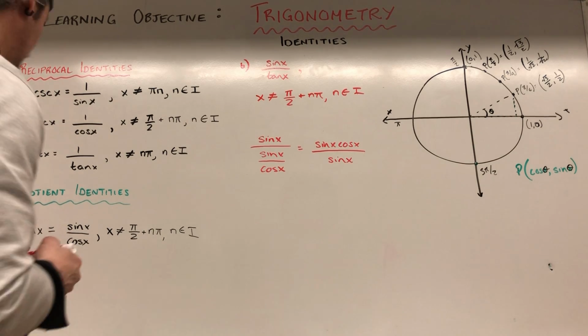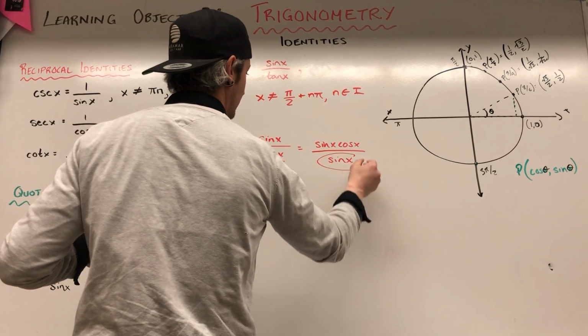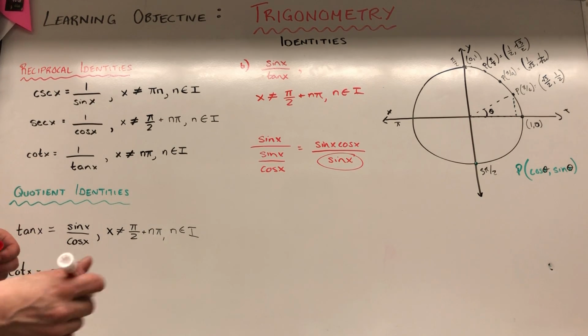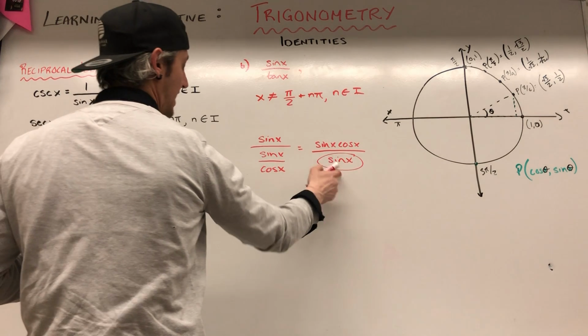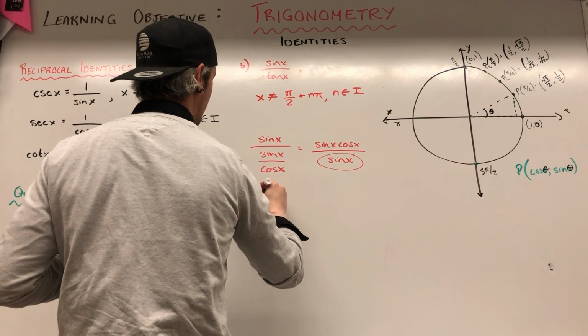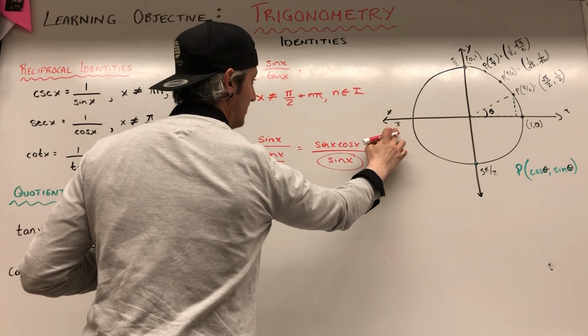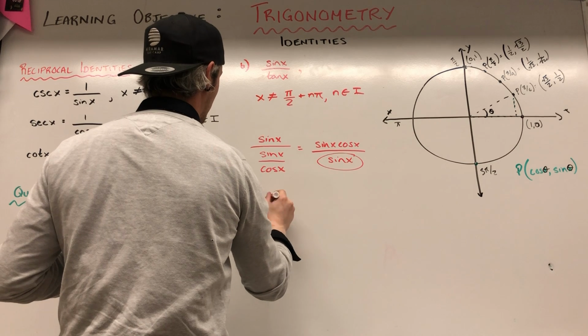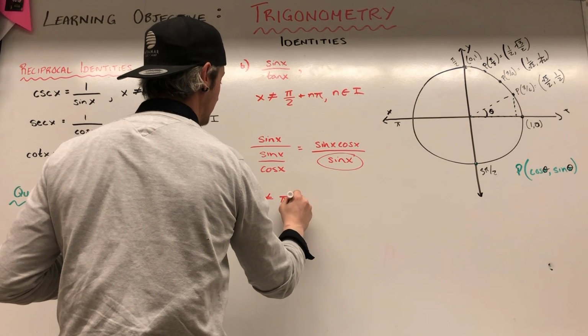And what is going to make this equal to 0? That is equal to 0 when x is any multiple of pi. So x cannot equal any multiple of pi.